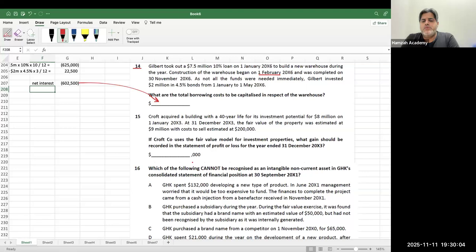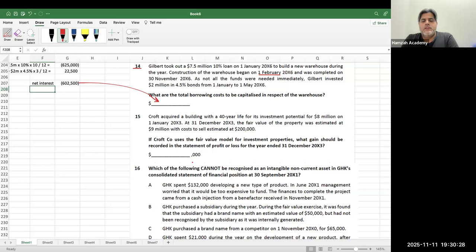If Croft Company uses the fair value model for investment properties, what gain should be recorded in the statement of profit and loss for the year ended 31st December 20x3 over here? You got the property for 8 million on 1st January. Then at 31st December 23, the property was estimated at 9 million with the cost to sell.